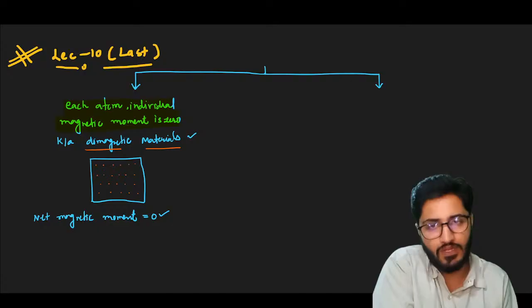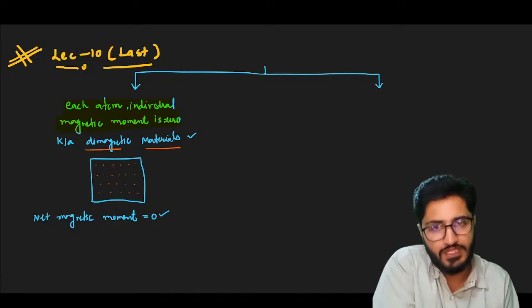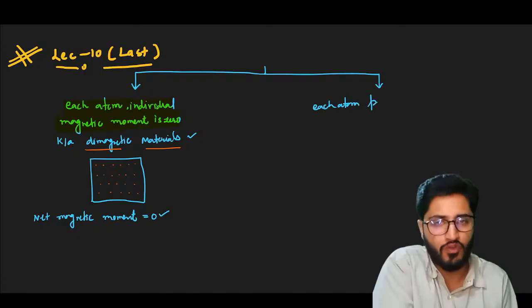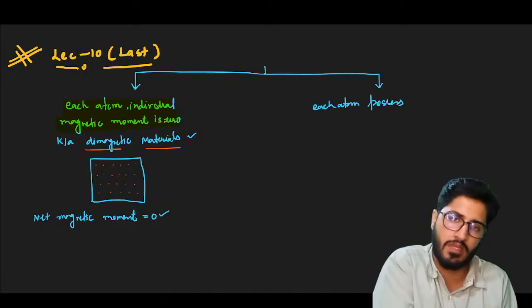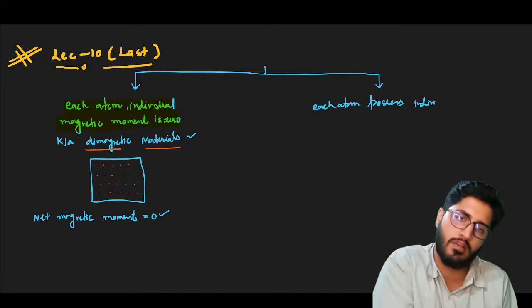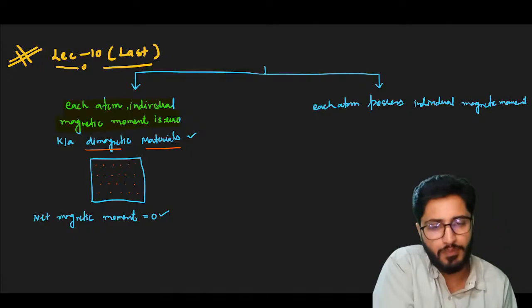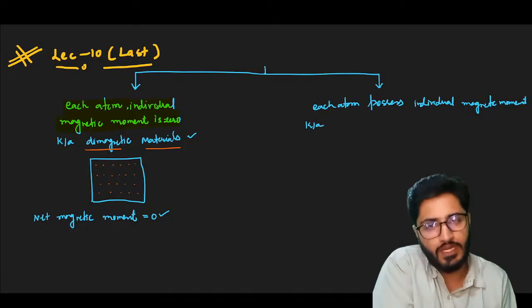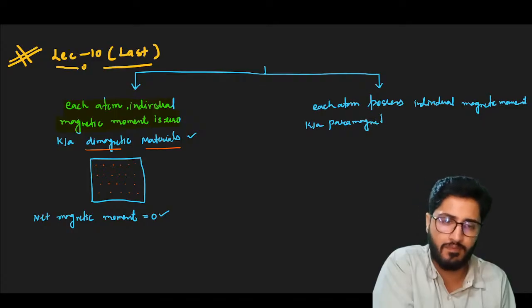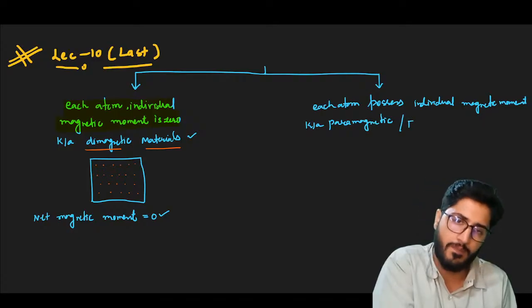Now we have the second type of materials, in which each atom possesses an individual magnetic moment, known as paramagnetic or ferromagnetic.